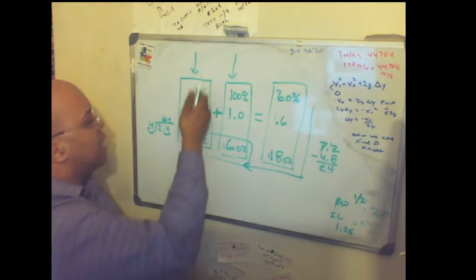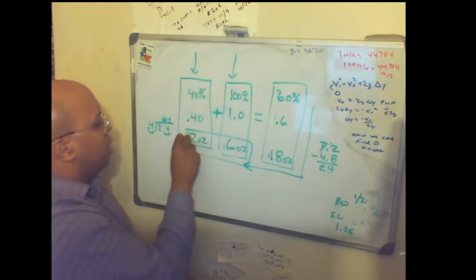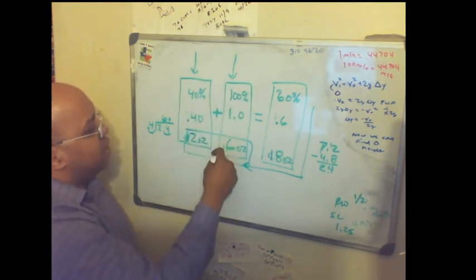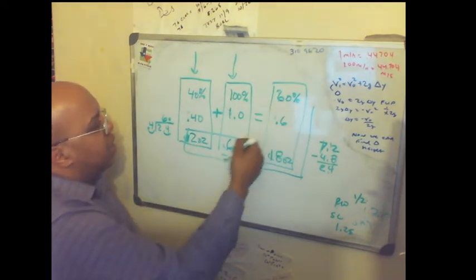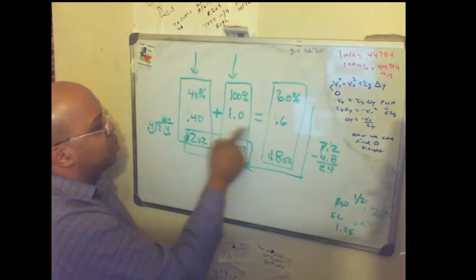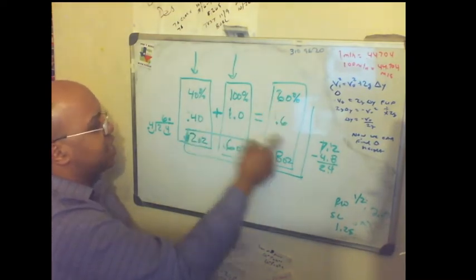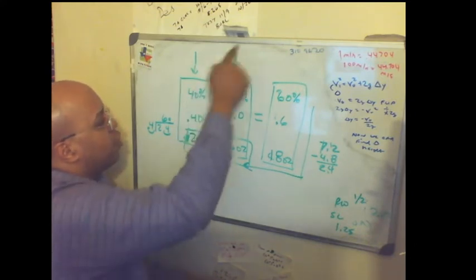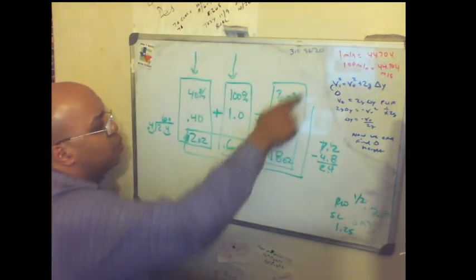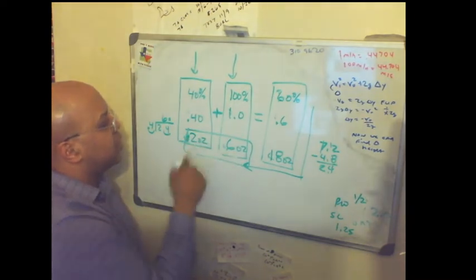Whenever I'm looking at my original mixture plus the added mixture, and we want it at 60%, I always write the percentage, but I also write it in decimal form so I don't get lost. So again, vertical plus vertical equals the L, which is the percent, and the L is the sum.